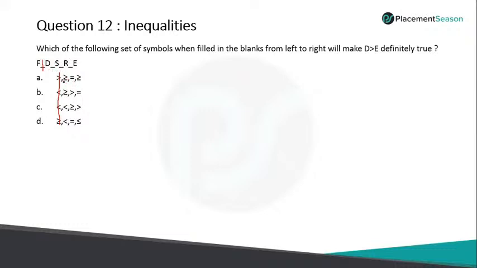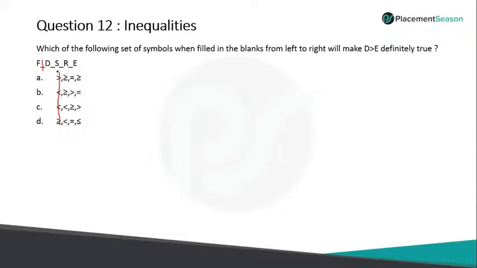D greater than or equal to S, equal to R, greater than or equal to E. From this symbols, D may be greater than E, but there is another possibility. Here equal to is there, here equal to is there, here equal to is there. So D can be equal to E also, which is not definitely true.